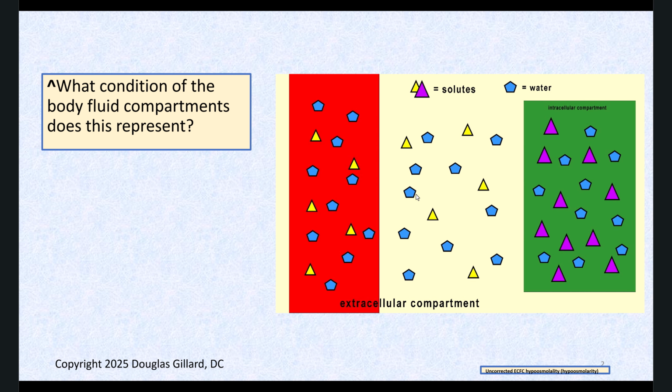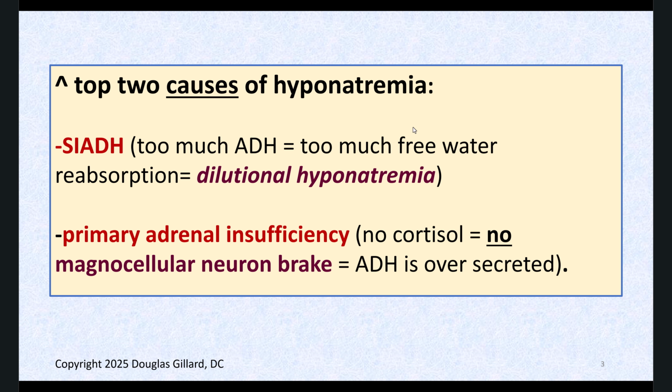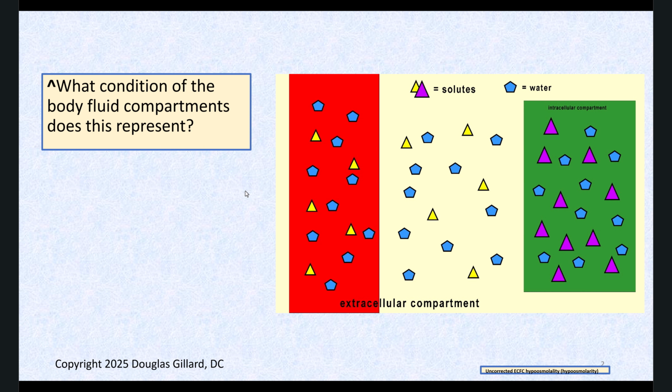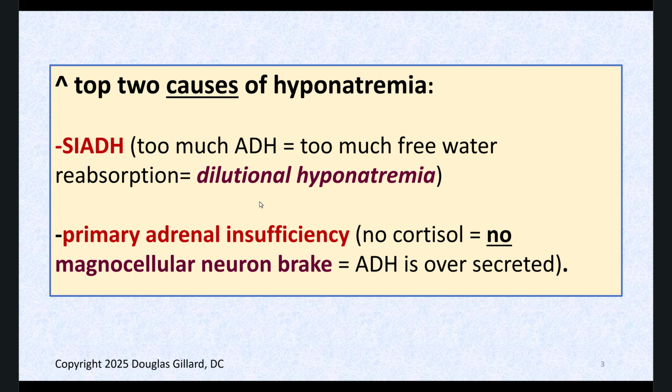We have too much free water floating around here compared to solute. So that's one thing that would cause this. In fact, this is called a dilution hyponatremia, because water is diluting the solute. Sodium is, again, what we're really talking about. It's not that we don't have enough sodium. We have too much water. So that's called a dilution hyponatremia if we're talking about sodium.